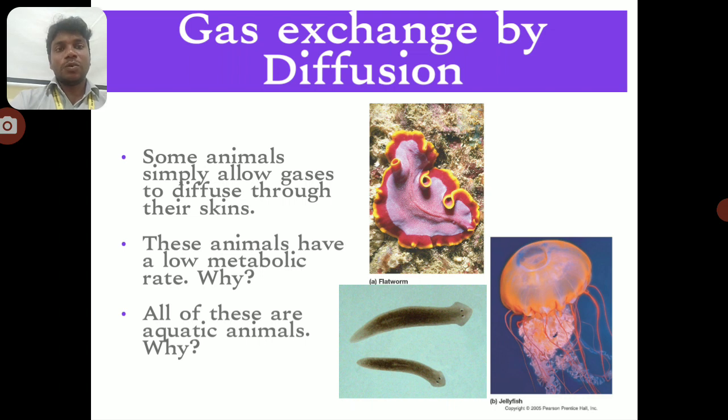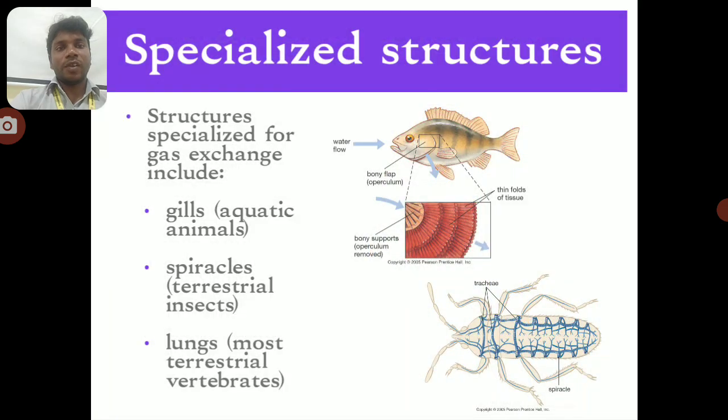These animals have a low metabolic rate. All of these are aquatic animals. Why? The structures that facilitate gas exchange include gills in aquatic animals, spiracles in terrestrial insects, and lungs in most terrestrial vertebrates.